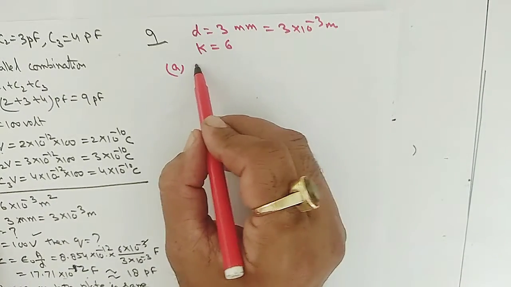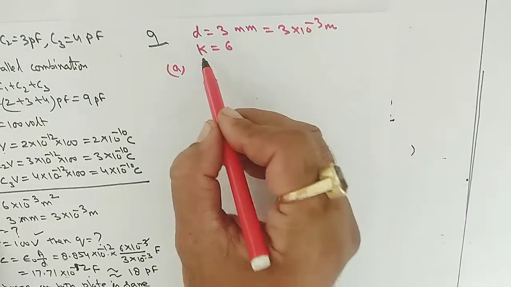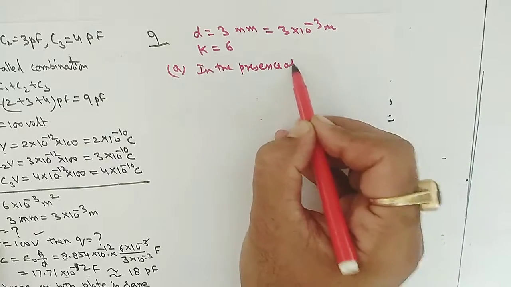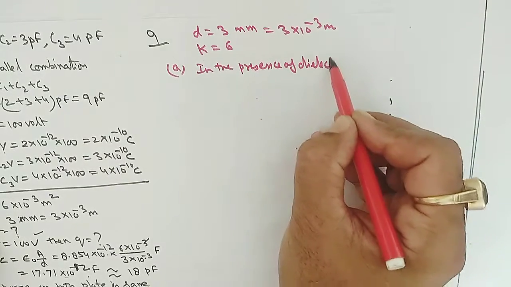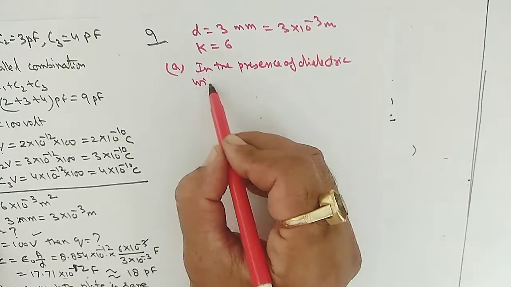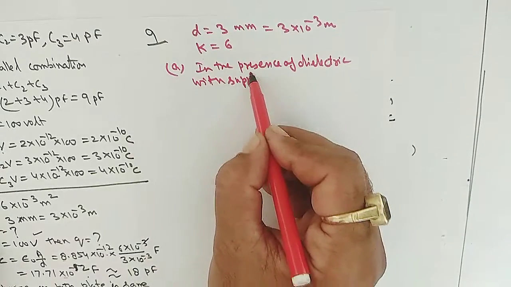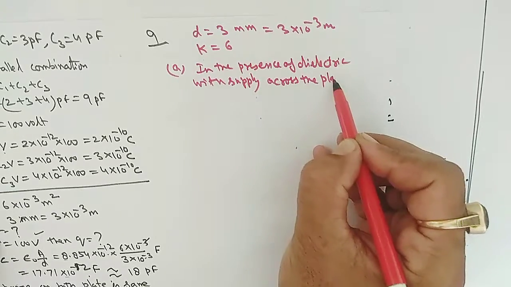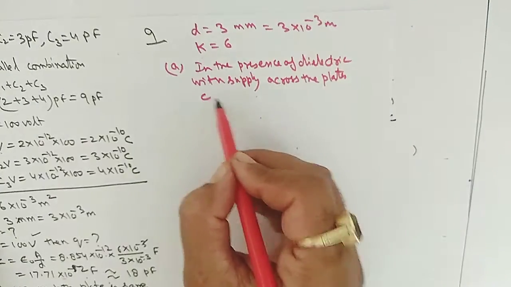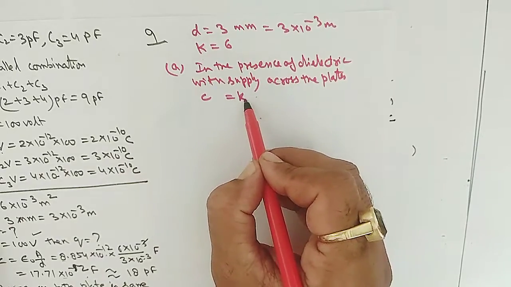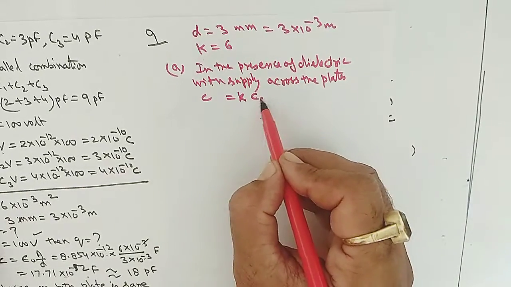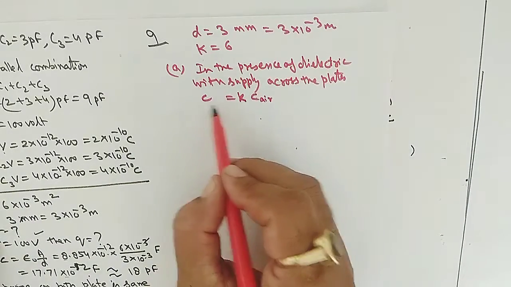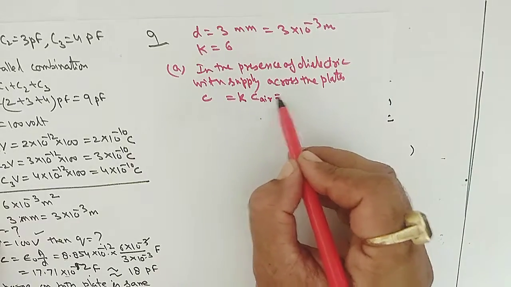A part, so in the presence of dielectric with supply across the plates, C is equal to K into C, the capacitance when air is filled between them, because the capacitance will increase K times when the dielectric material is inserted.